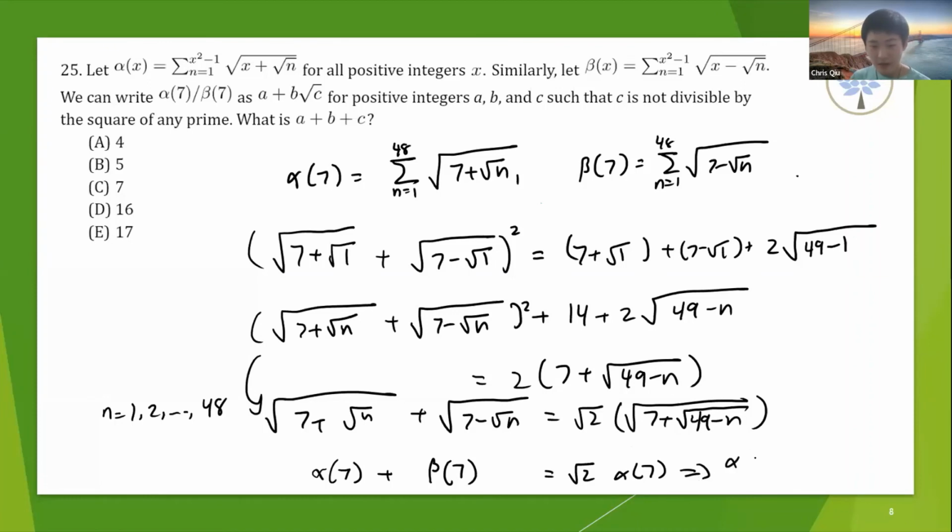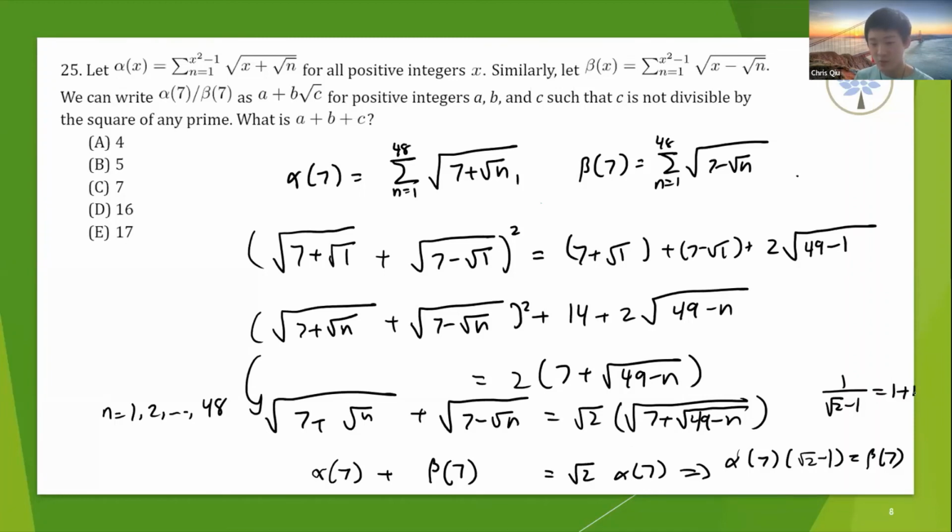And here we can get that alpha of 7 times root 2 minus 1 is equal to beta of 7. And from here, we can find that alpha of 7 over beta of 7 is equal to 1 over root 2 minus 1, which is root 2 plus 1.